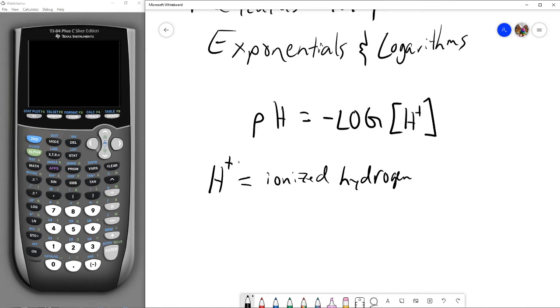So this formula for pH has something to do with ionized hydrogen. And in fact, these square brackets have a particular meaning as the molarity of ionized hydrogen.